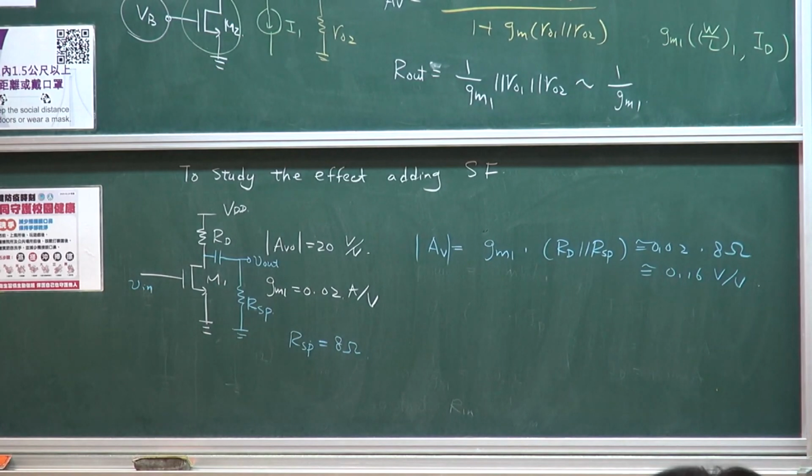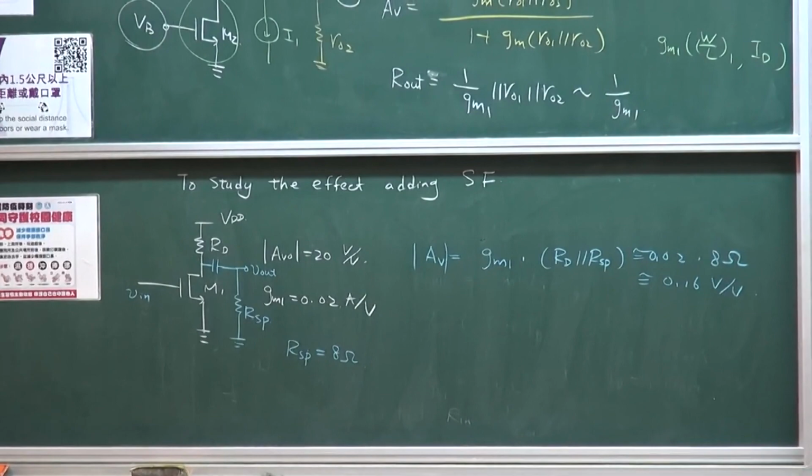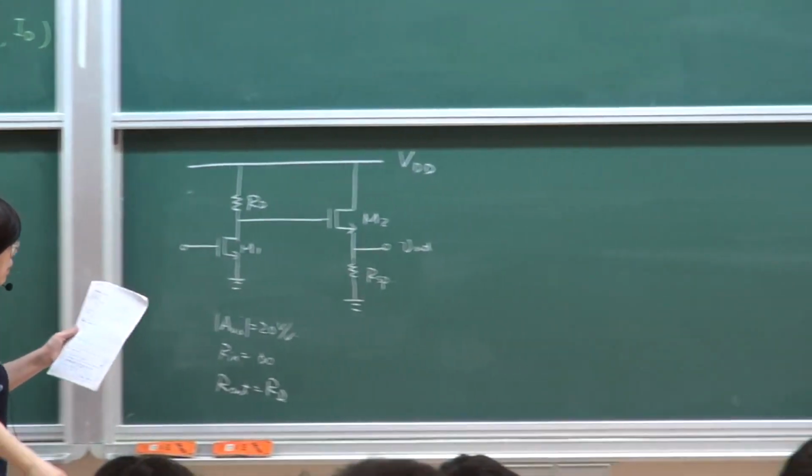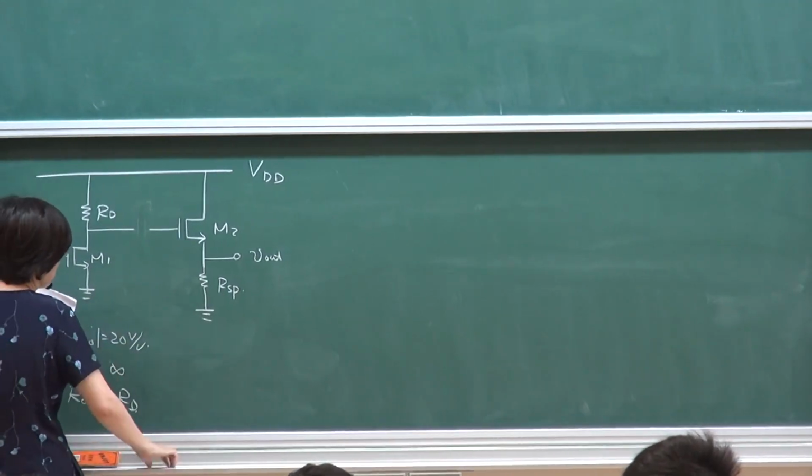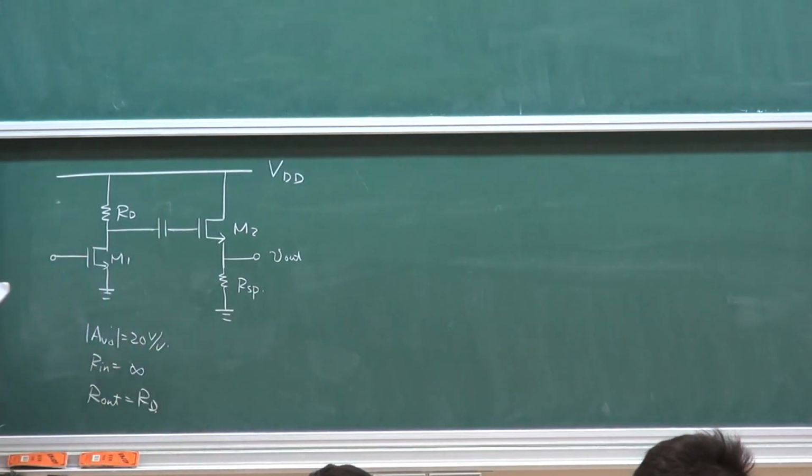Then this is connected to a follower stage, M2. I'm not going to do a particular biasing design, I'm going to ignore that and just use a capacitor to make sure it's biased at a particular location, connected directly to the speaker. So this is what we'll be using as a buffer.